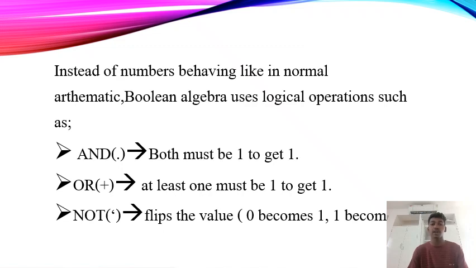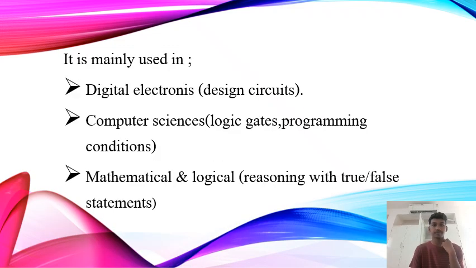The NOT gate flips the value, which means complement. When we send a 0, it becomes 1, and when we send 1, it becomes 0. It is the complement of the input. These are the basic gates used in Boolean algebra.